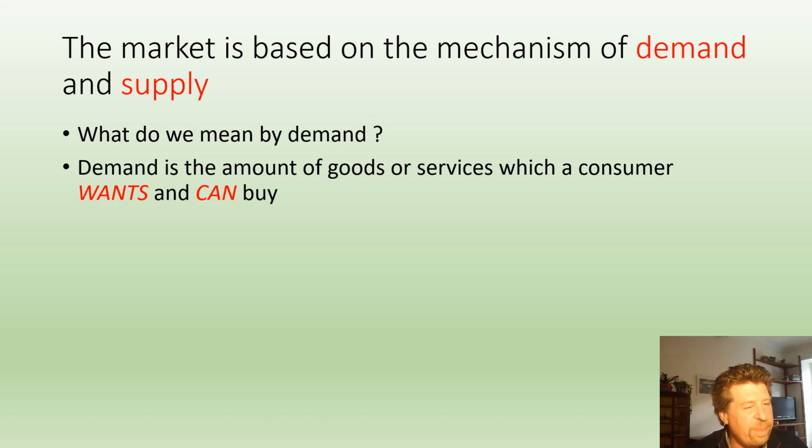Remember, a market could be a housing market, the food market, the vegetable market. We can define a market in many ways. And when we define that market, we are looking at the consumers for the demand and what do they want and are able to buy.